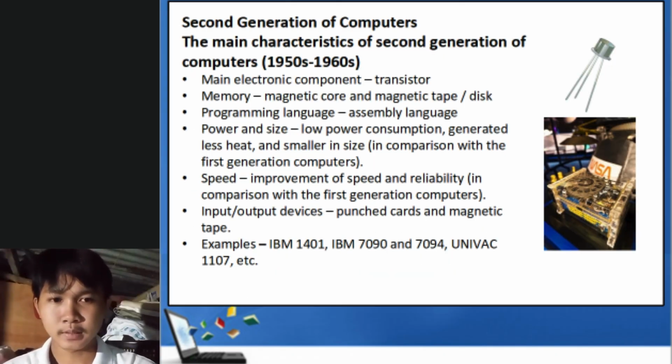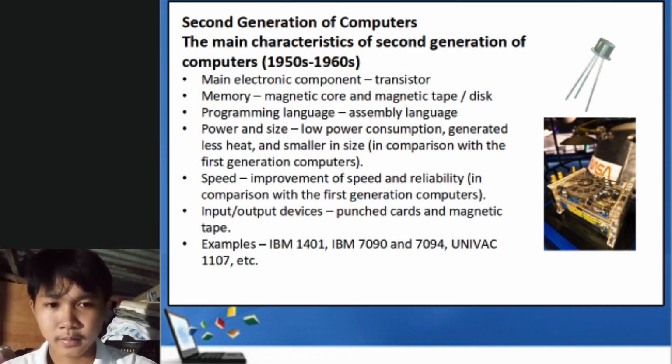My next topic is the second generation of computers, the main characteristics of second generation computers in the 1950s to 1960s. First, the main electronic component: transistor. Memory: magnetic core and magnetic tape. Programming language: assembly language. Power and size: low power consumption, generates less heat, and smaller in size in comparison with the first generation of computers.